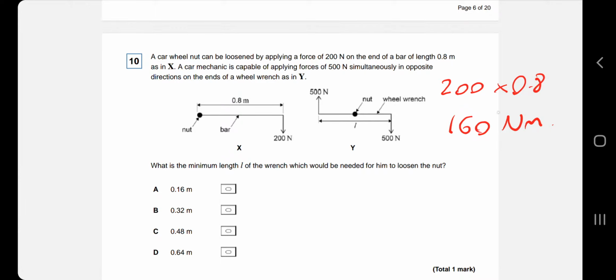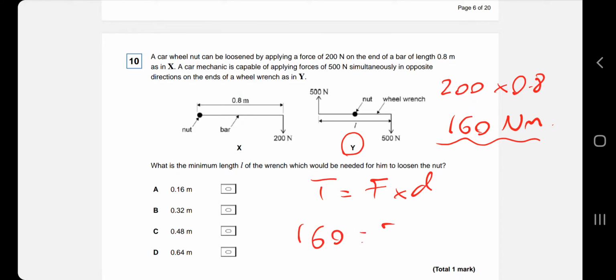Then we just simply apply this same number to Y. So the turning effect is force times distance. So the turning effect is 160 equals the force, which would be 500 newtons, times D. So D would be 160 divided by 500. So 160 divided by 500 is 0.32, which is B.